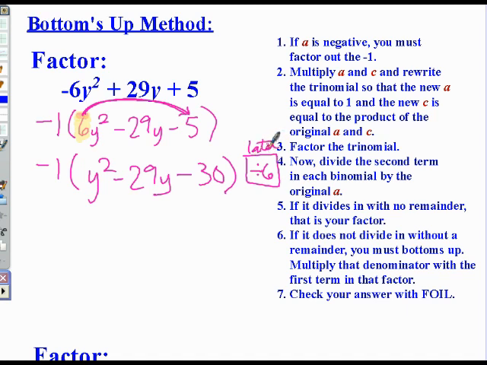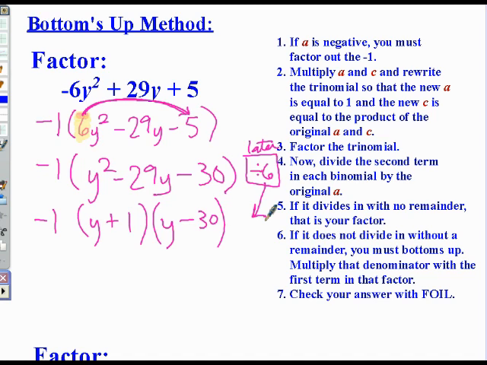All right, now we're going to factor this trinomial like we normally would any trinomial with an a value of 1. So y plus or minus factors of 30 with the difference of 29 is 30 and 1, and we need more negatives. And now we've factored that trinomial. This is where we have to bring back the fact that we temporarily multiplied the 6 into our c term.